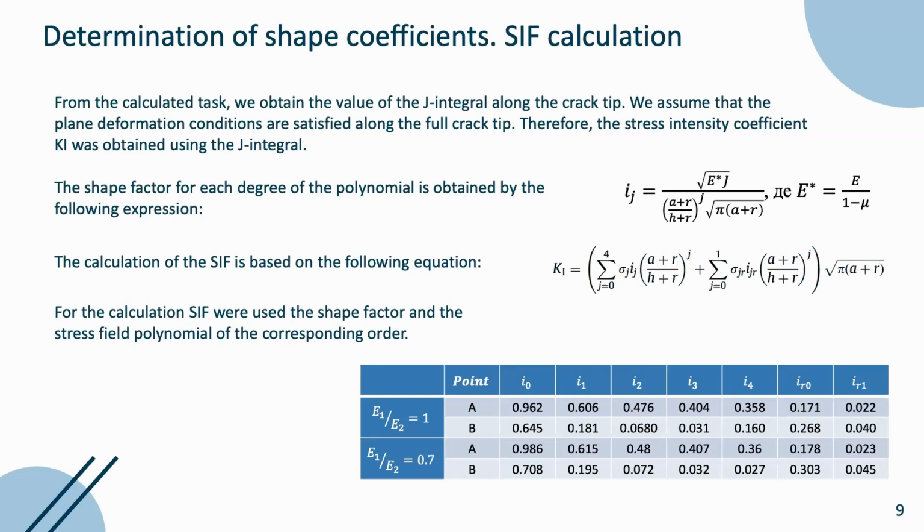To obtain the shape factor, we use the following equation. From the finite element model, we obtained the J integral, and for each degree of polynomial, we obtain the shape factor.